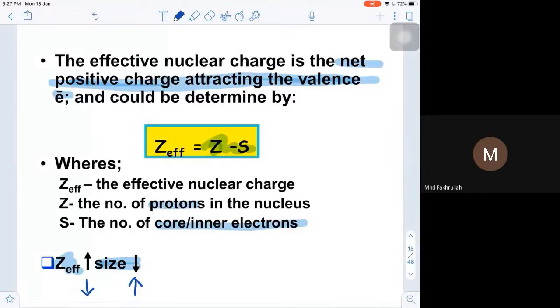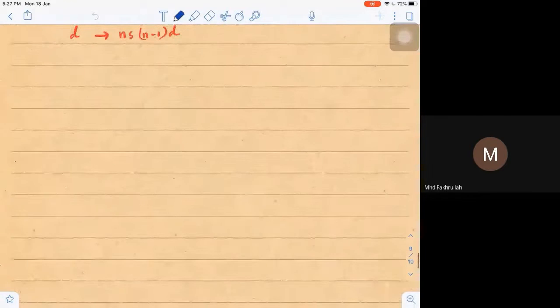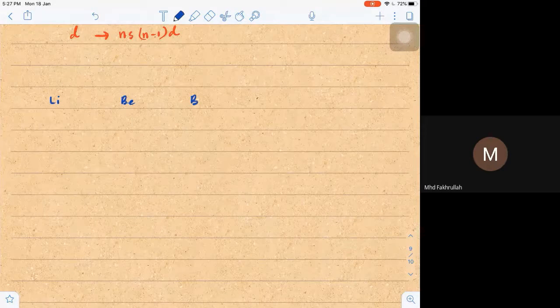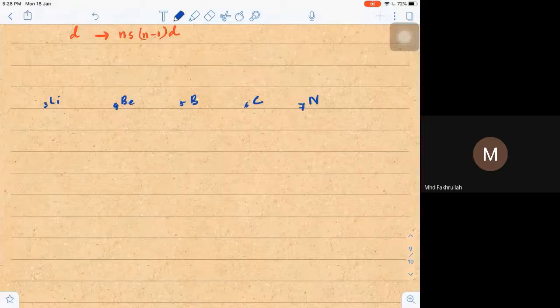Okay, so let's look at how different ZEF will make different sizes of the elements that come from the same period. Look at the elements that come from period number 2. We want to compare lithium, beryllium, boron, carbon, nitrogen. Lithium has 3 electrons, then 4, 5, 6, 7.